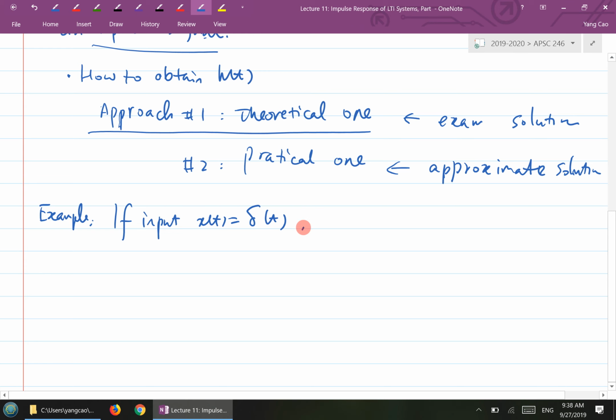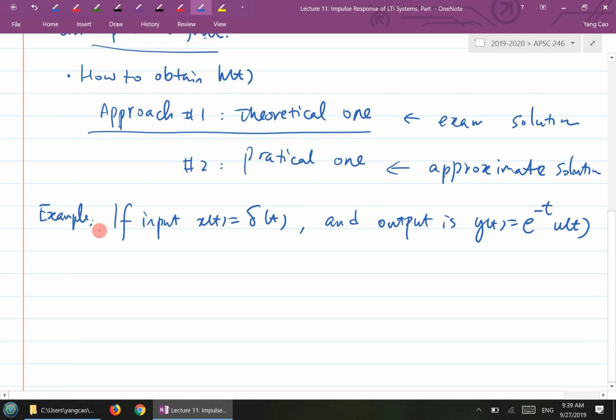So when we say input x of t equal to delta t, using words, meaning the input is what? Impulse signal. Okay, very good. And the output is y of t equal to e to the power negative t times u of t. Okay, that's the given condition, right?